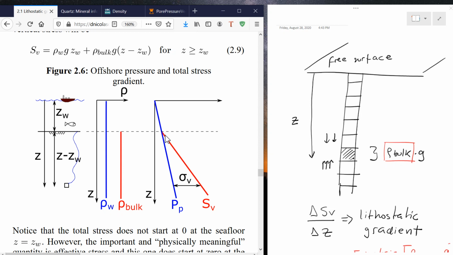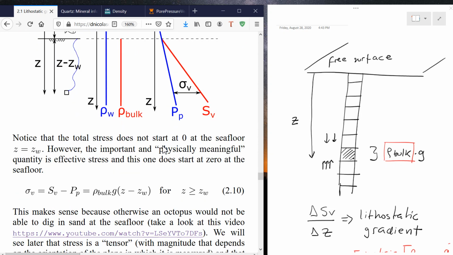It's just when I go deeper and deeper that the weight of the rock starts to add stress on the rock and holds the rock together. But here at the bottom of the ocean, there is nothing holding it. And at that point, that effective stress is equal to zero, even though the total vertical stress is not equal to zero.